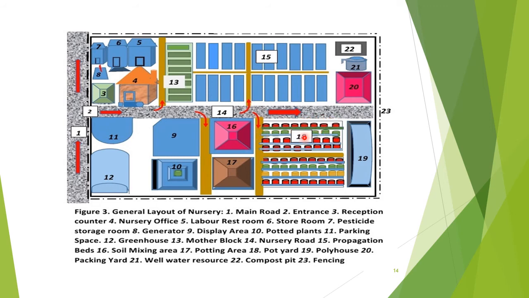That is the pot yard, where the plants will be kept in lines in rows, but they will be in pots. That can be polypots or other types of pots. And then on this side you are keeping a polyhouse. This is the polyhouse. And then you have a packing yard, where you have to pack the materials. And this is the well, the water resource here.